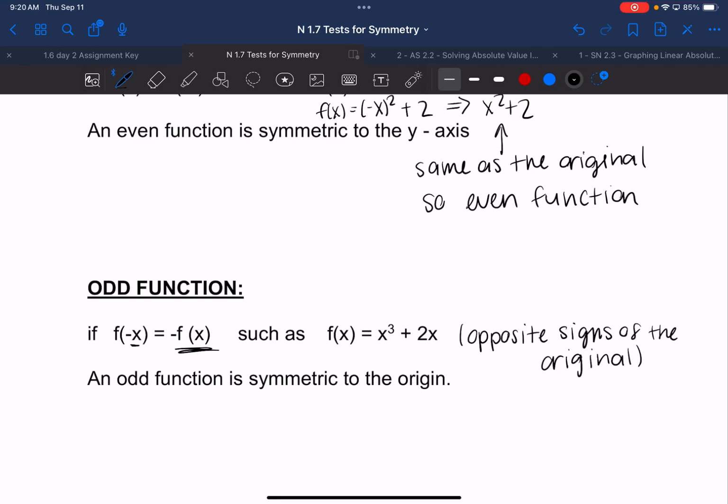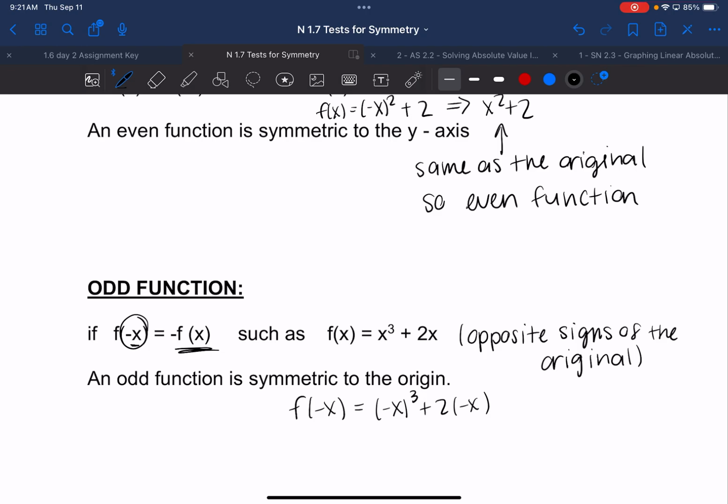So for the even, we wanted it to look exactly the same, right? Here, when I plug in a negative x, I want it to be the same, just opposite signs. So again, I'm going to plug in a negative x. So I'd have f of negative x equal to negative x cubed plus 2 times negative x.